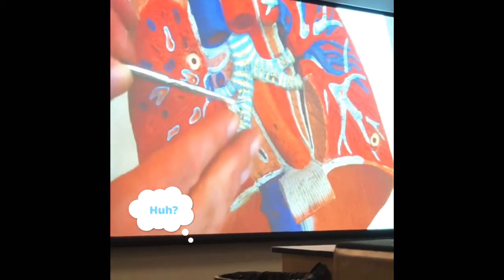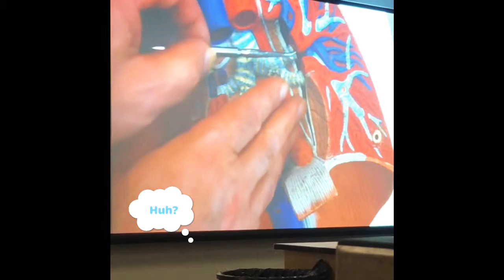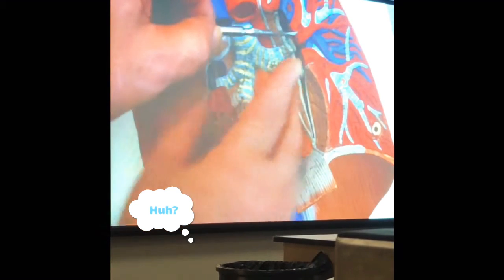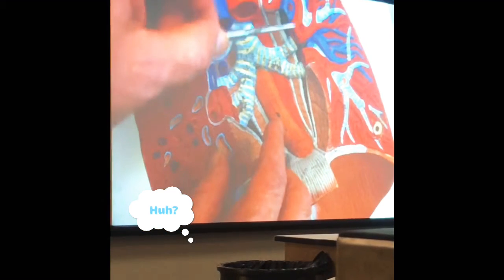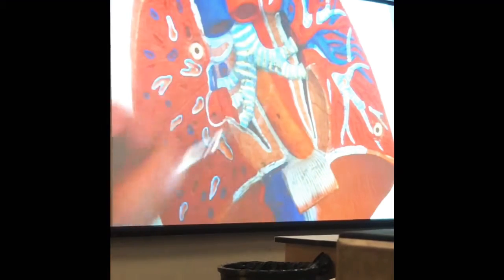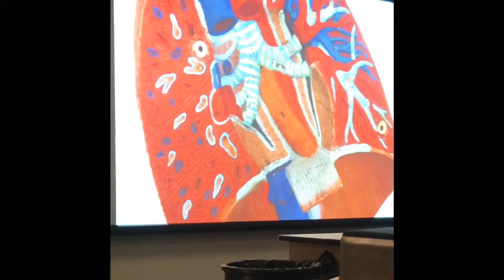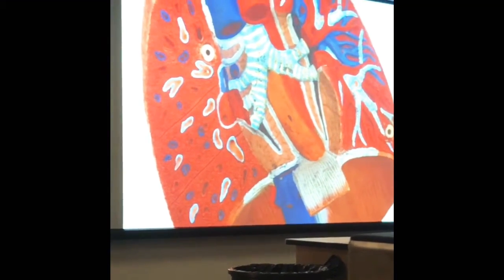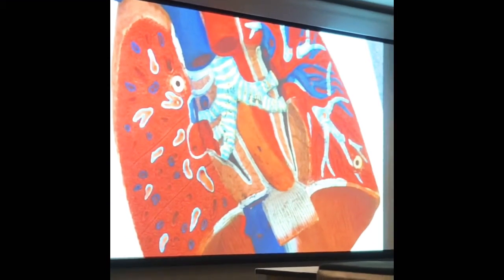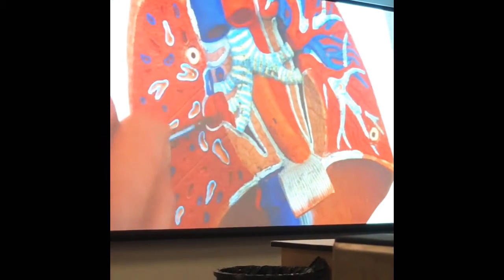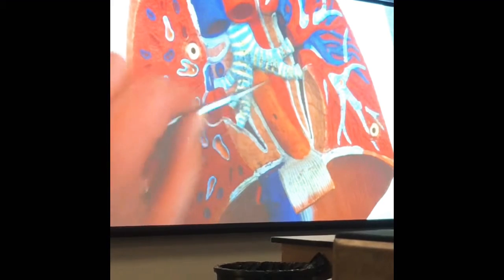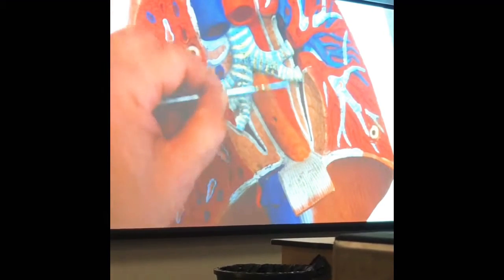The bronchi go into the lungs through the hilum. The pulmonary arteries and pulmonary veins come in and out of the lungs through the hilum. So this is the hilum over here, and this is the hilum over here.